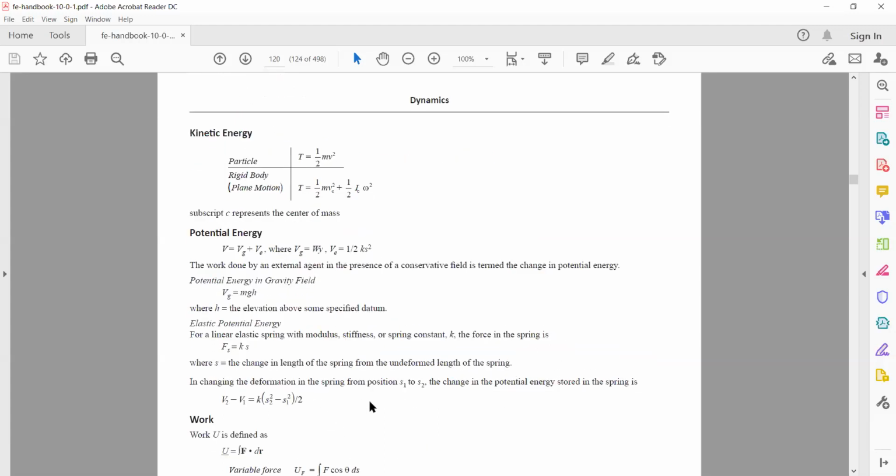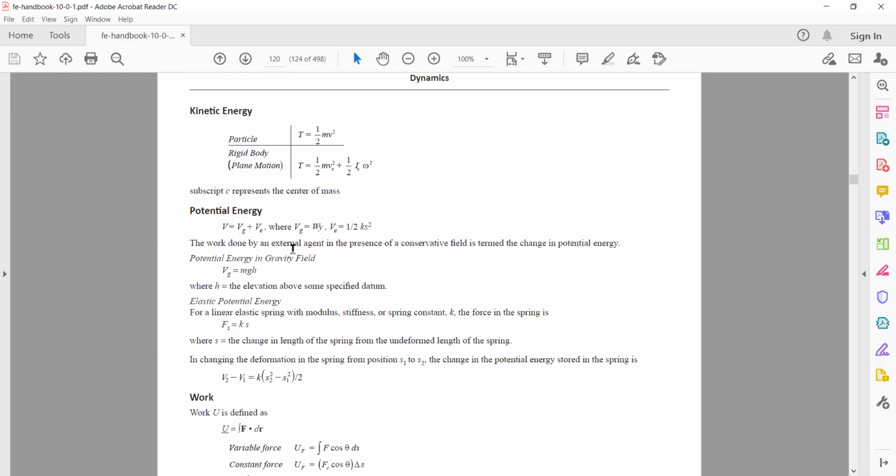Work done. Kinetic energy here for a rigid body has a moment of inertia with an angular velocity in addition to 1/2 mv squared. And you see the C here, the velocity at the center of mass.